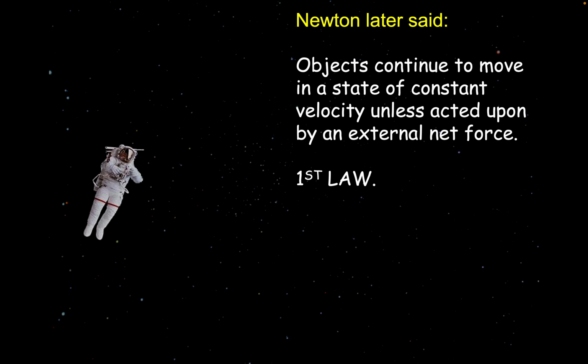And because in space there's no resistance, it will just keep on going forever until something happens, like it enters a gravitational field, or enters an atmosphere of a planet. Then there will be other forces acting.